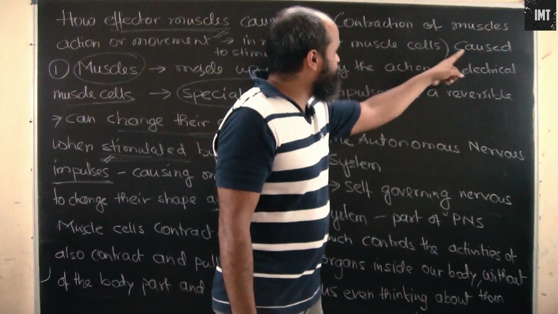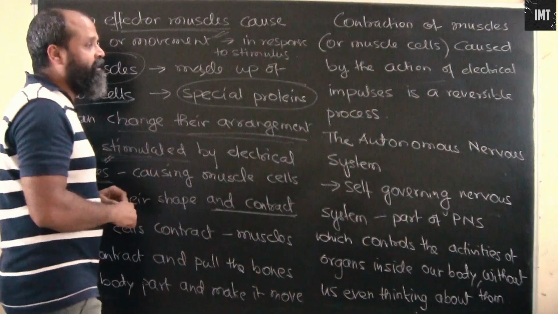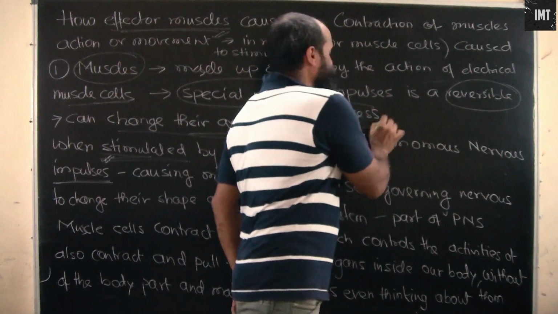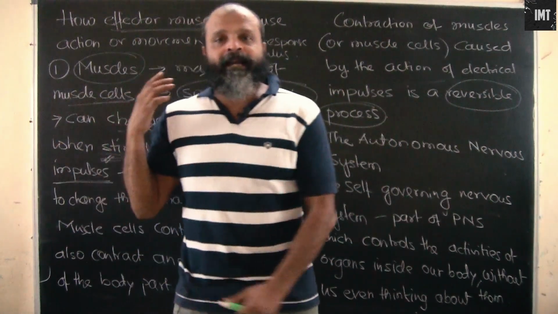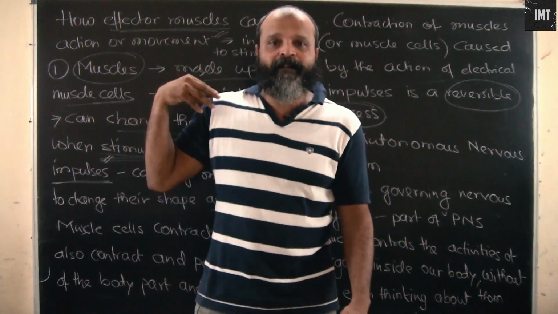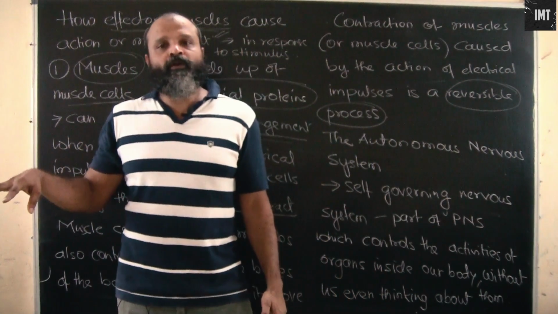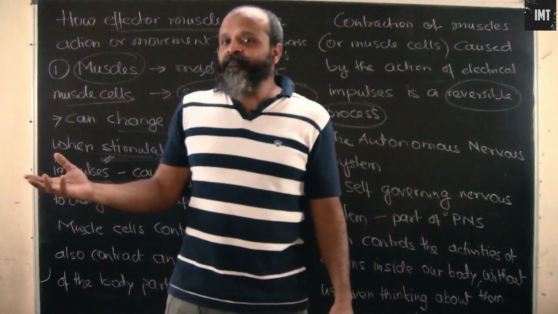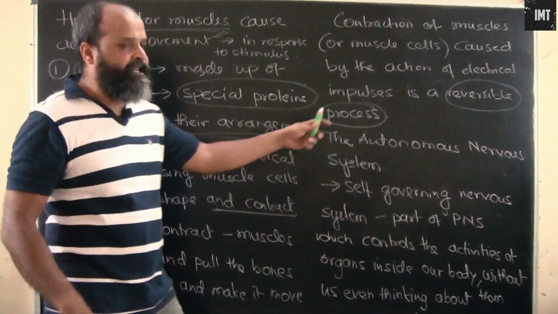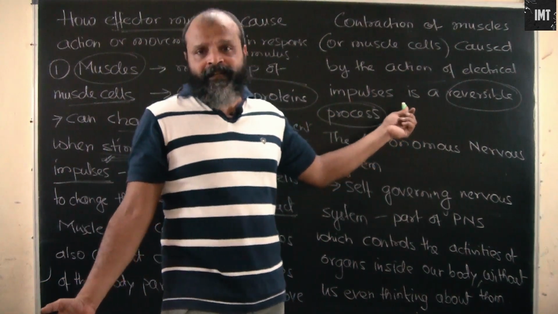Contraction of muscles or muscle cells caused by the action of electrical impulses is a reversible process. This is something that we need to understand. So if I move my hands, it will not be a permanent movement. It will just be a temporary movement to avoid the damage that could have happened. Again, I will be able to elongate my hands.